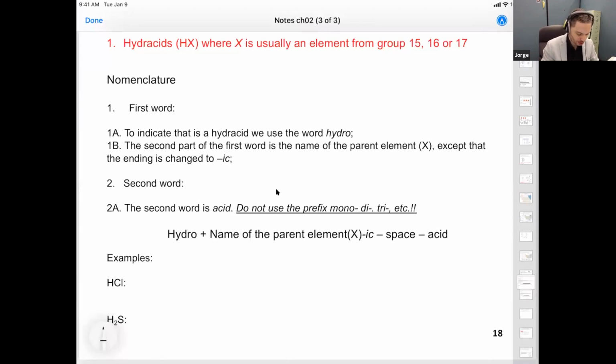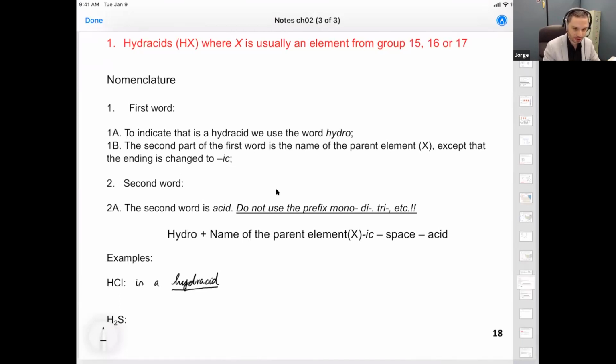First one is HCl. So look at the formula and you have to immediately identify which class this compound belongs. Hydrogen bonded to an element from groups 15, 16, or 17 is going to be a hydracid. So HCl is a hydracid. That's the first thing. Okay, so now let's name this compound.